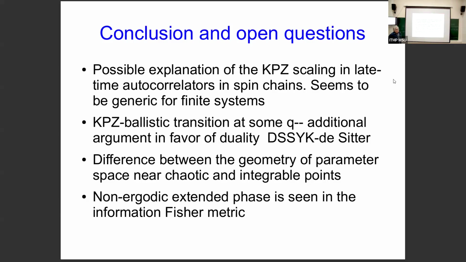To some extent, it is a new, but quite generic example of this nature. And also there is the non-ergodic phase. We have identified all phases which are present in the two-parameter situation, and that is why this object is good for identification of phases.